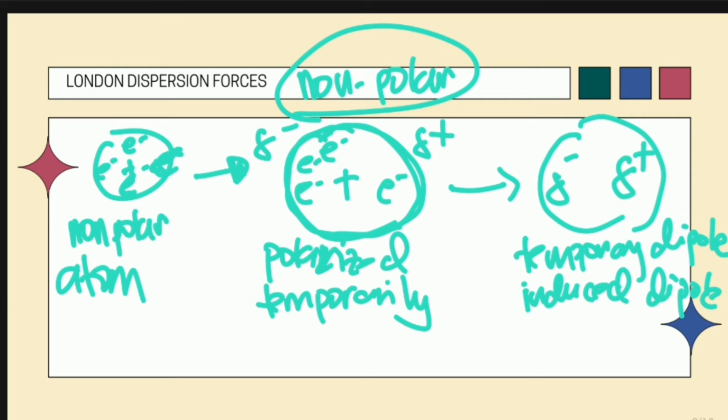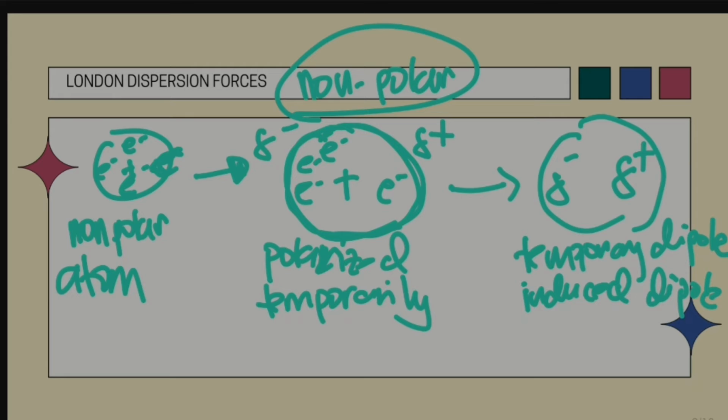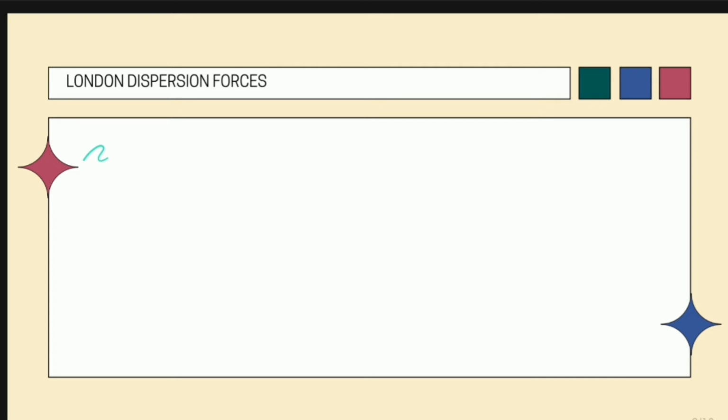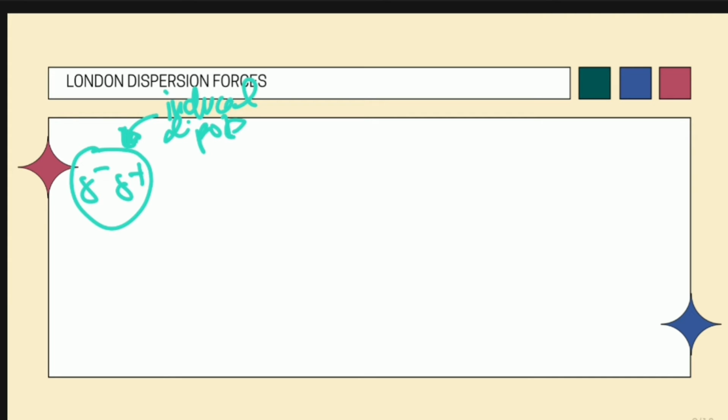Now, what happens to this temporary atom or temporary induced atom? Ito na yung result ng temporary induced dipole natin. So, ito na siya. Our temporary dipole. So, we call this our dipole atom.